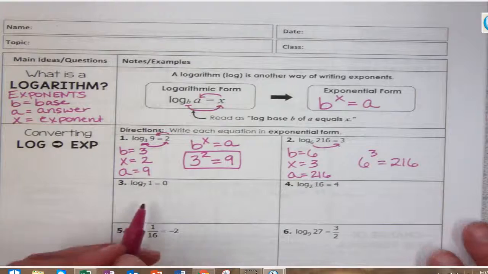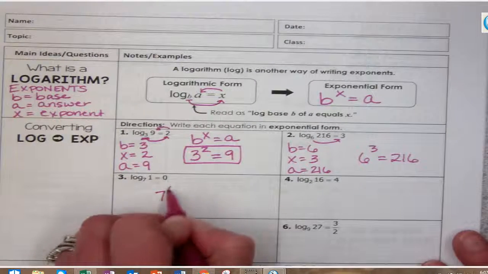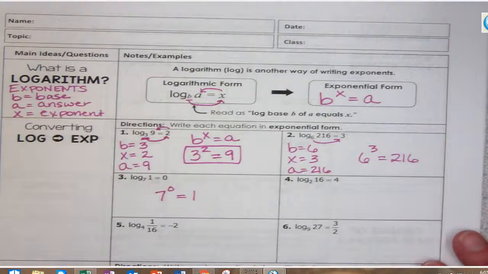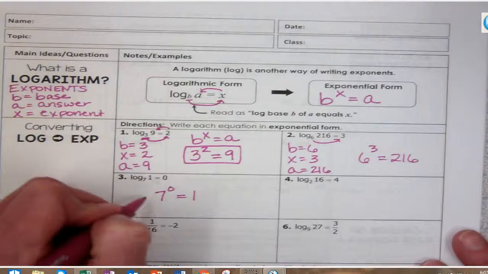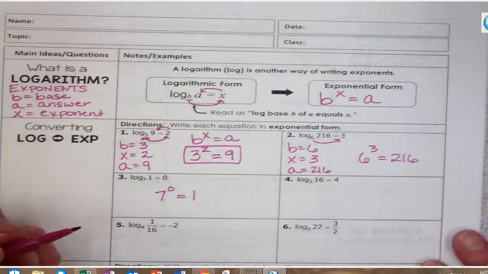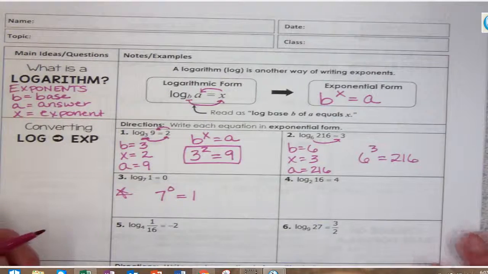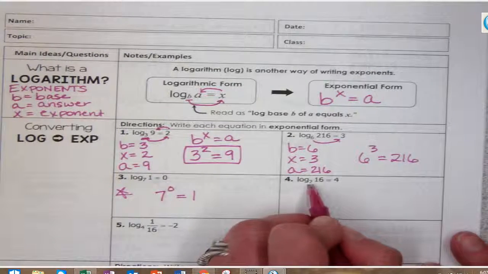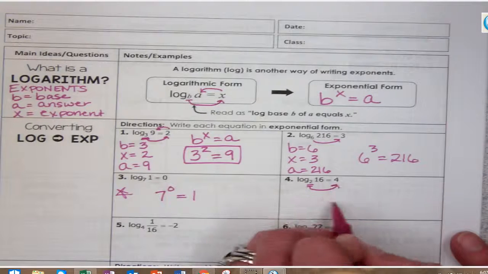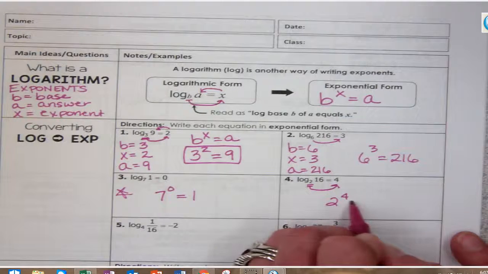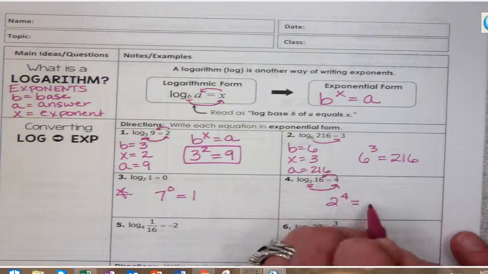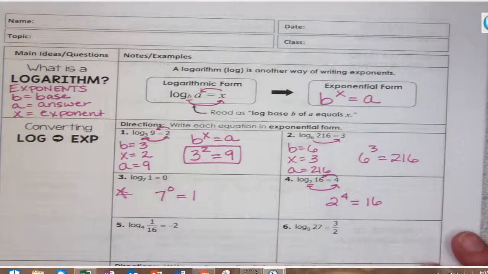Alright, so here 7 to the 0 power is 1. And you know that anything raised to the 0 power is going to equal 1. So if you don't know that, know it now. Then you've got 2 raised to the 4th power equals 16. And we know 2 raised to the 4th power is 16.